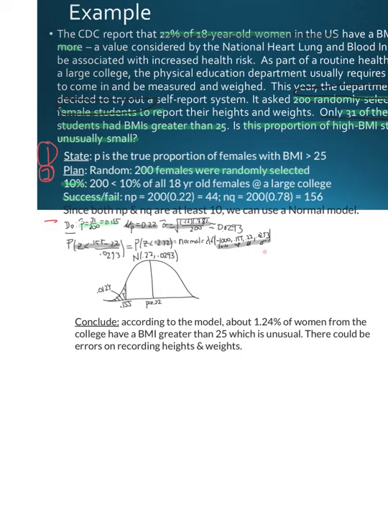The third thing we did was our do step, in which we found the sample proportion, the mean, and the standard deviation, found a z-score, drew a picture, and used our chart or normal CDF in our calculator. The last thing we did was take the information from step 3 and write a conclusion in context based on the question in the original problem.